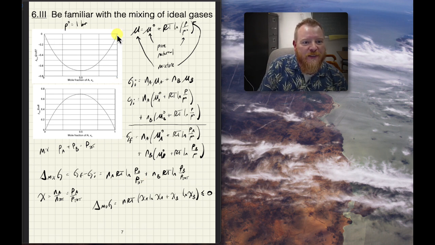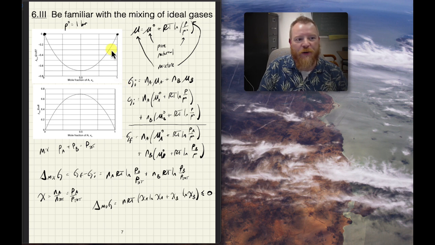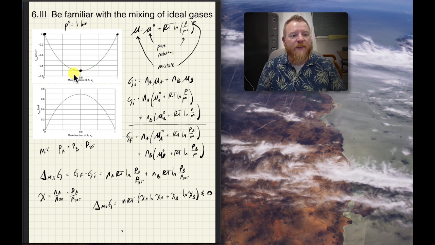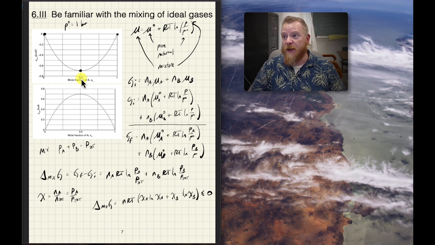So we can see that in this graph right here, where if we've got pure material, we haven't done any mixtures yet, so there is no delta G of mixing. But if chi A is some value between 0 and 1, that's always going to be a negative, and thus we can see it is always spontaneous to mix ideal gases. And specifically, we get the maximum spontaneity when our mixture is 50-50. Okay, so that's pretty cool.